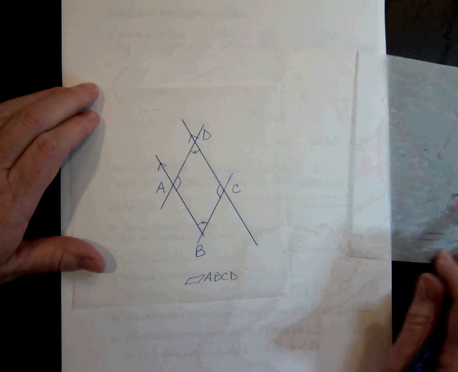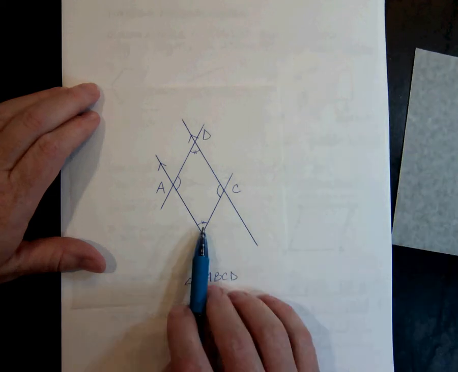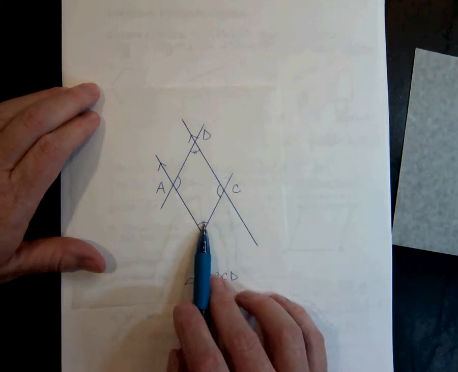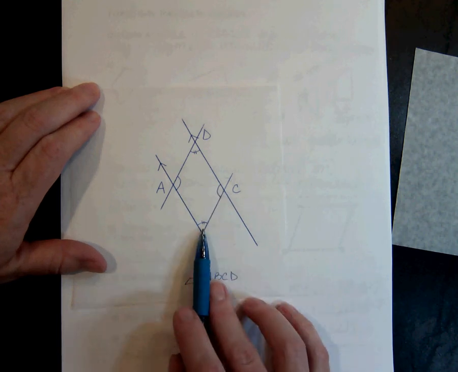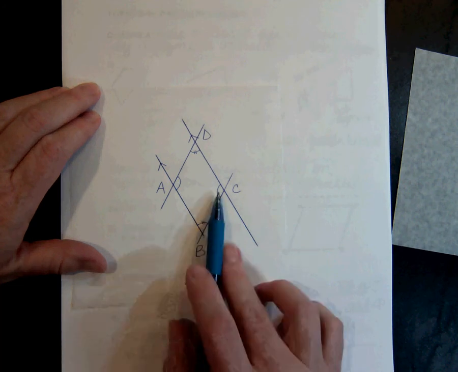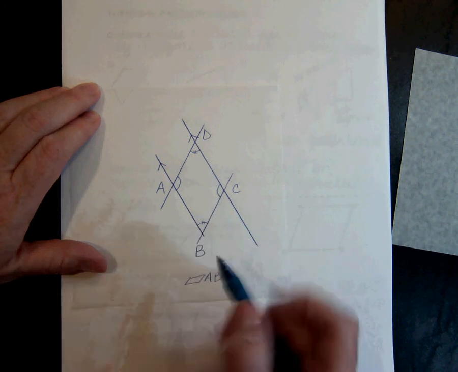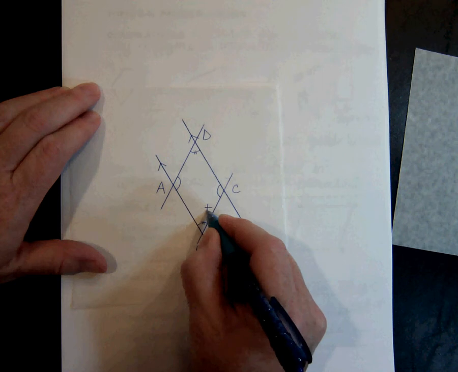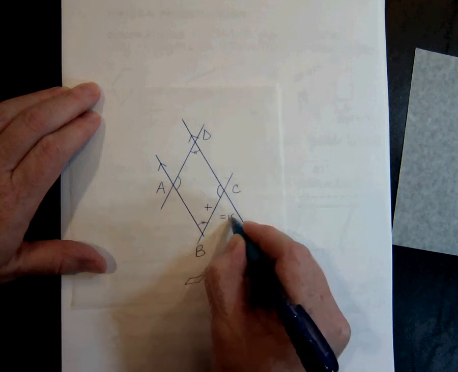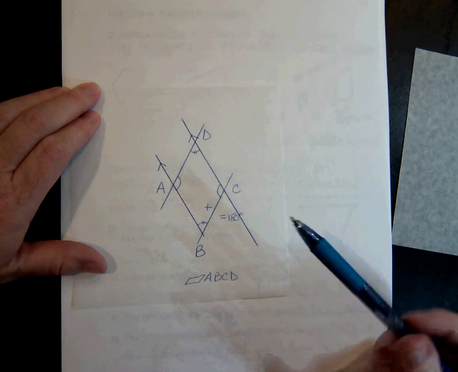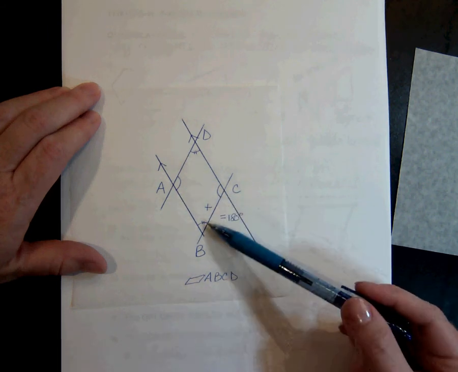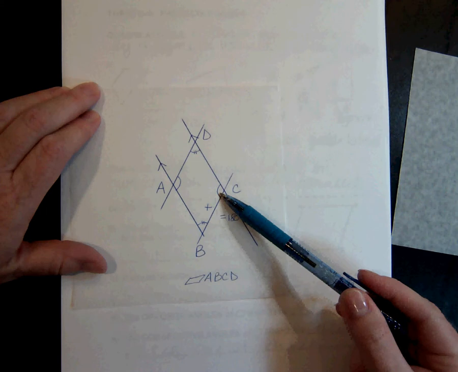Consecutive sides, this one and this one, since C and S were the exact same, then B and R were the same, then these two on the same parallelogram, if I add them together, equal 180 degrees, because the pair of angles made a straight angle.